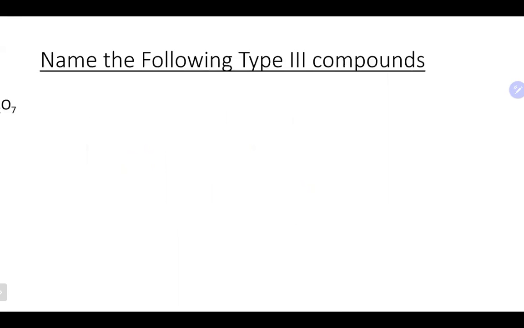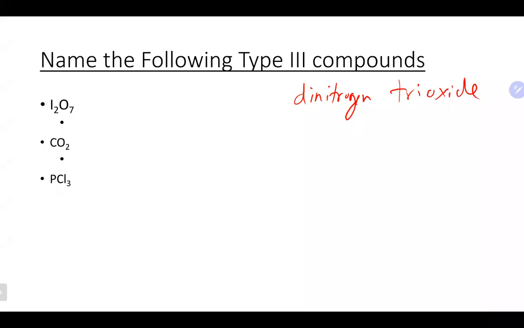All right. So why don't you take a second here and give the names of each of these, and let's do some formulas here. So we'll do dinitrogen trioxide. Let's do tetroxide.